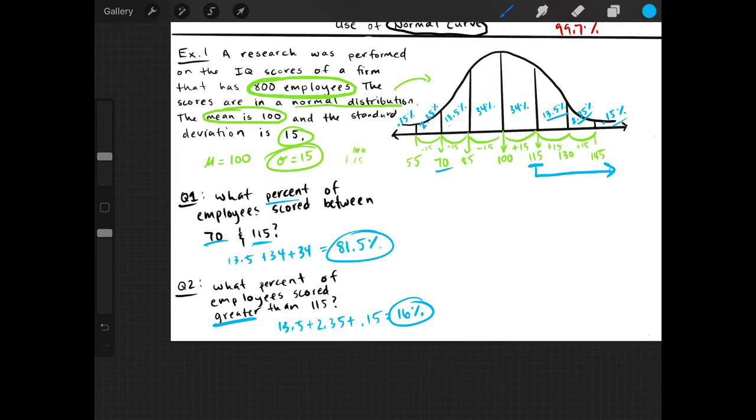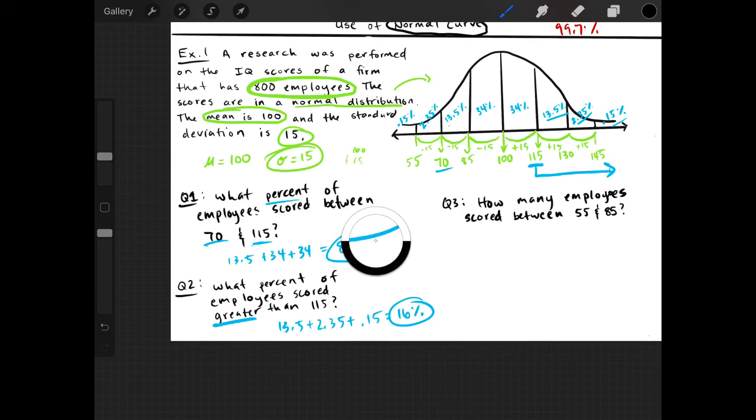Now, the next thing that we can do, and what we're going to end on for today, is look at what if instead they said, how many employees scored, let's say, between 55 and 85. In this case, they're asking us how many employees instead of just what's the percent.